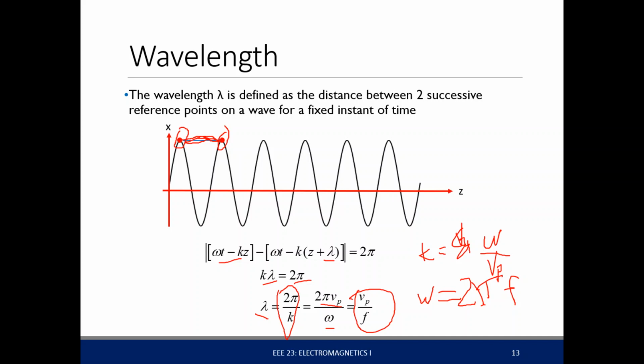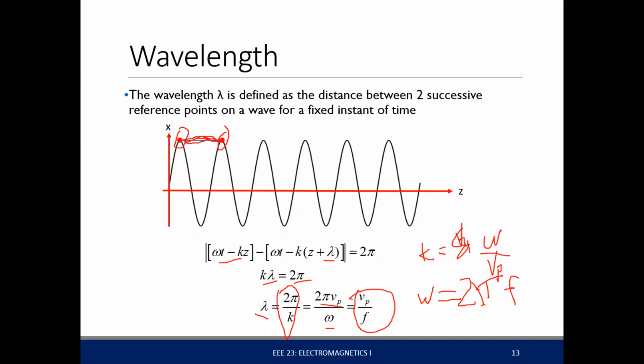If we force a single point in space to have an electric field that is sinusoidal in time with some frequency f, the result of the propagation from that sinusoidal electric field has a wavelength that is dependent on the frequency. Okay? So the higher the frequency, the smaller the wavelength. So this is the propagation in our lossless medium.